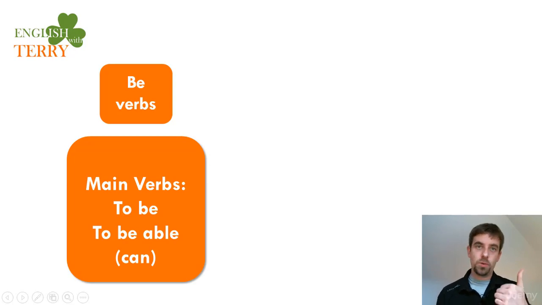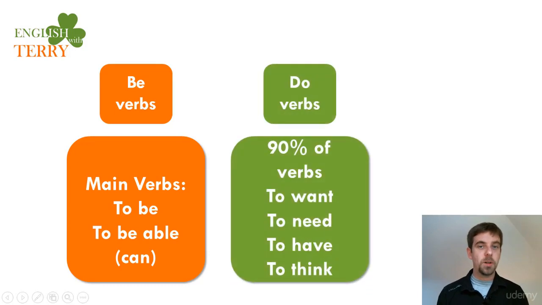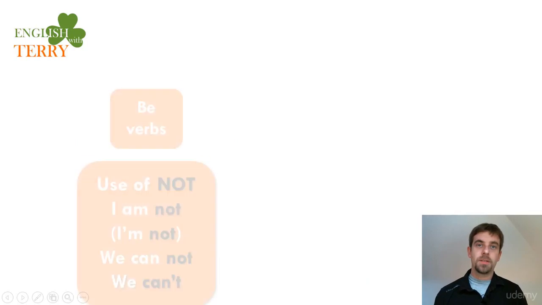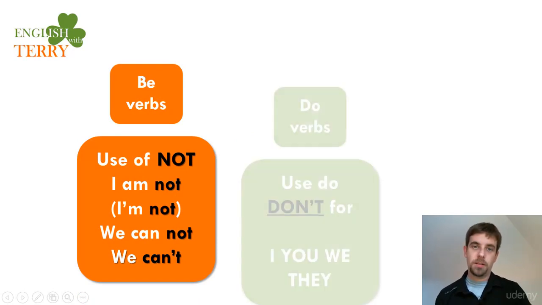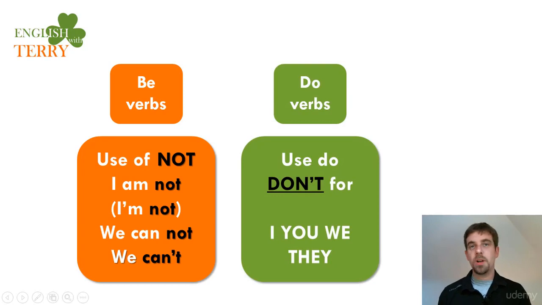The main verbs that use only not in the negative are the be verbs and can: I am not, we cannot. But all the rest of the verbs, which are 90% of verbs, like want, need, have, think, for I, you, we, they, we use don't.